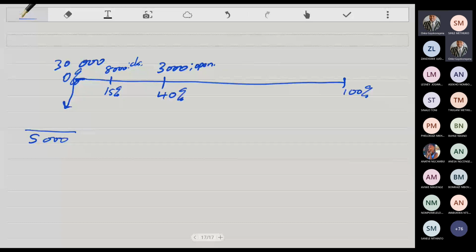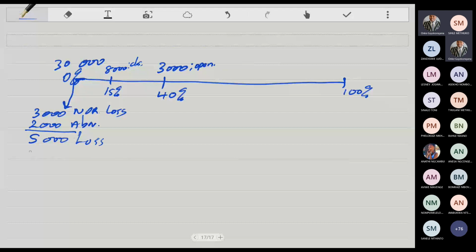So we have to work out that we've got a total of 5,000 times 40%. It means that we've got 2,000 units, which is your abnormal loss. So it means that 3,000 units is your normal loss, to make that total loss of 5,000 units.